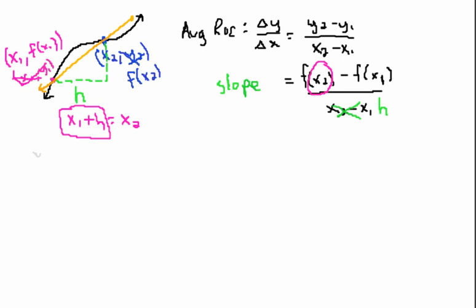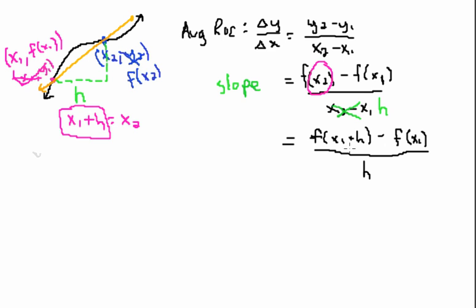We're transforming this a bunch, but we're going somewhere with it. So this is going to be f of x1 plus h minus f of x1, all over h. Sorry about my unstraight line. If you notice, we have an expression now for the slope: you take the function at x plus h, minus the function, all over h.